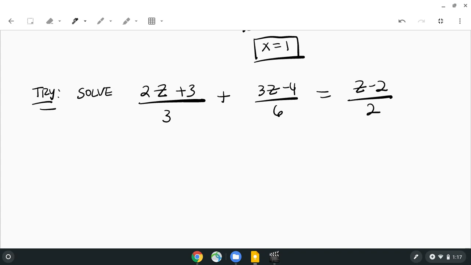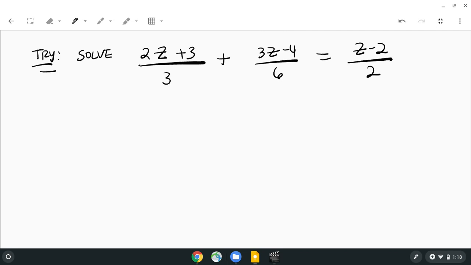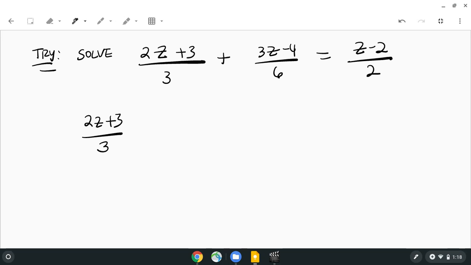Okay, there it is. So go ahead and try this one on your own. Hit the pause button and then work it out. Come back and see if you get the same answer that I do. Okay, so I'm going to bring the problem down here. 2z plus 3 over 3 plus 3z minus 4 over 6 equals z minus 2 over 2.